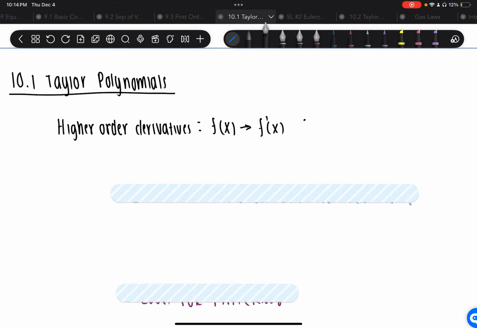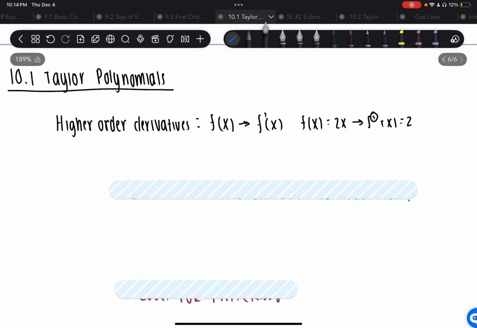For instance, if we have f of x equals 2x, then the derivative of that would be 2. We symbolize derivatives with this little apostrophe. Now, higher order derivatives mean we're solving for the derivative of a derivative, and so on. So this right here is the first derivative.